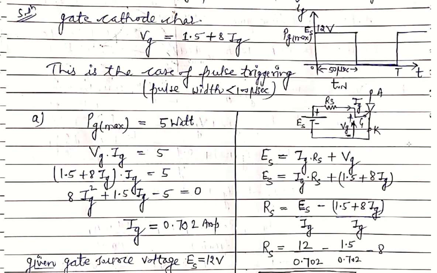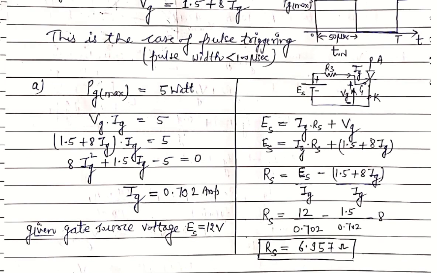Now we have to find the resistance Rs connected in series with the gate circuit. So apply the KVL equation: Es equals Ig Rs plus Vg in the circuit, and put the value of Vg as 1.5 plus 8 Ig. Now we have to calculate Rs. Take all terms to the left hand side, solve, and put Es to be 12 volt, as given in the problem.